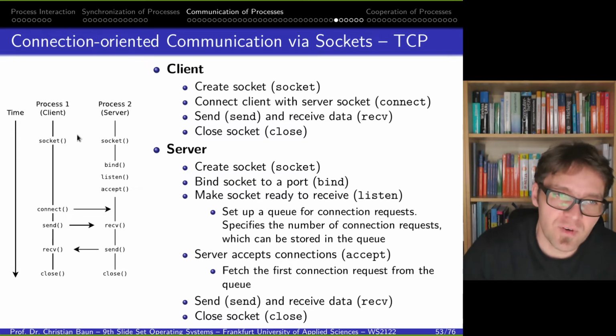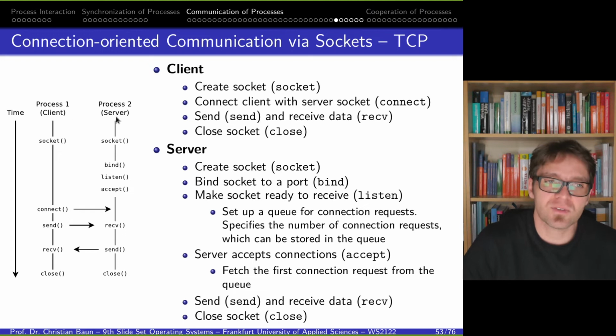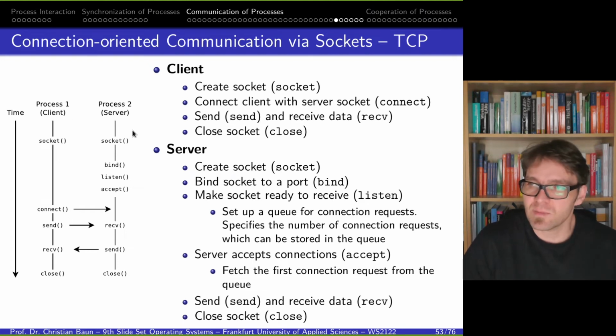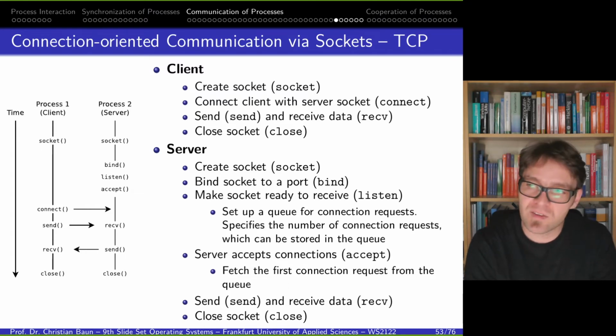With TCP it's a little bit more advanced, so it's a little bit more challenging. The very beginning is equal here for client and server, as I like to call them, despite it being wrong, because the TCP protocol does not differentiate between client and server. In TCP, all communication partners are per definition equal to each other.